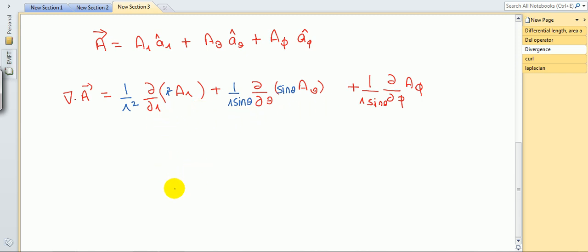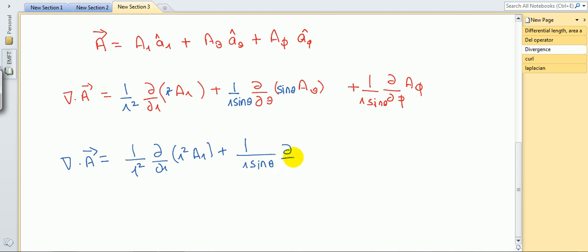If I write it again in a correct way, it will be like this: 1 by r square del by del r of r square ar plus 1 by r sine theta del by del theta of sine theta a theta plus 1 by r sine theta del by del phi of a phi.